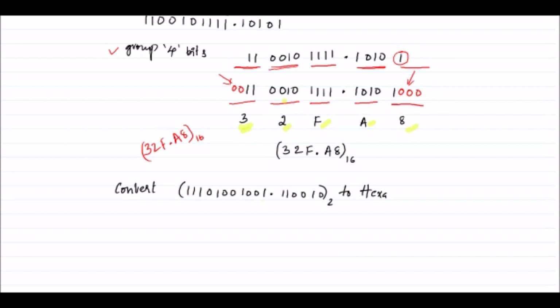In the subtraction process we will generally use the complement method also. So we will go through the one's complement method and the two's complement method. So in the next video we'll discuss all these topics. Okay, thank you.